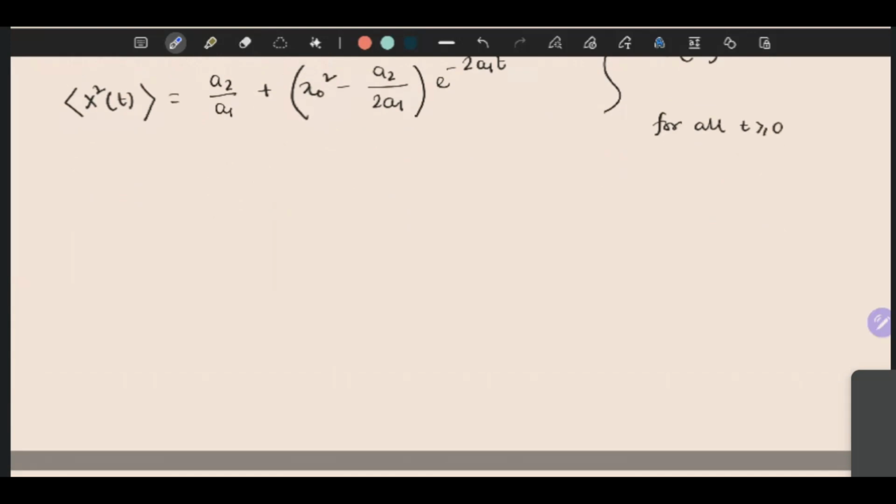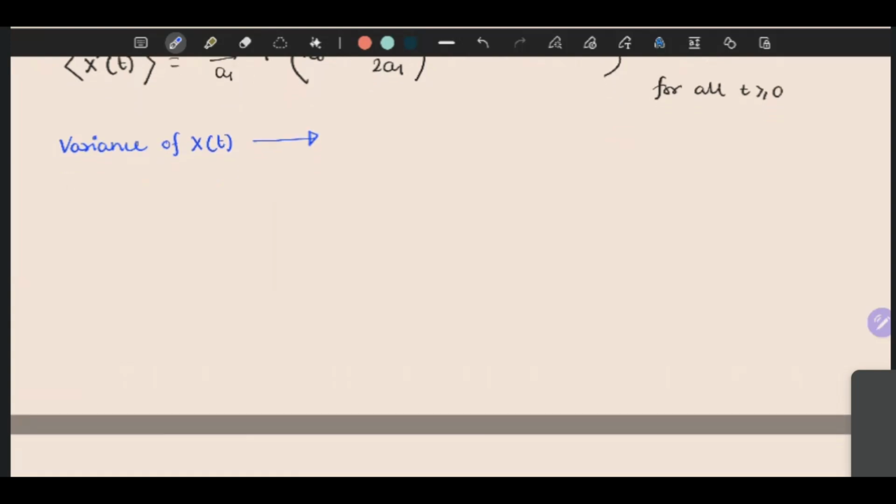The variance of xt becomes sigma x square t, which is equal to x square of t minus mu x square of t.